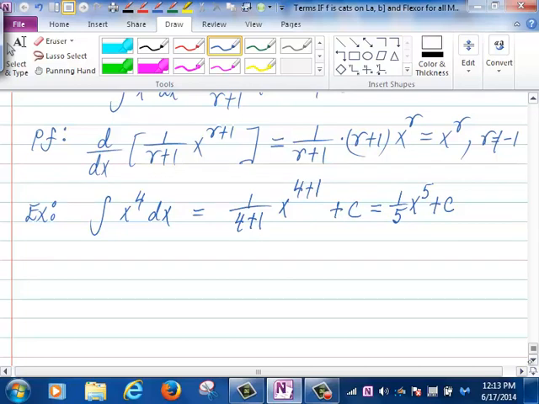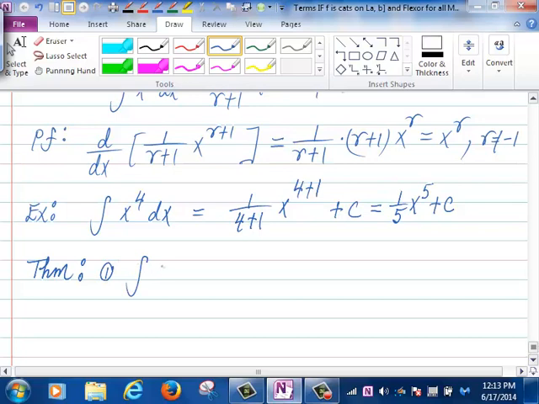Now remember, if I have a sum of functions, I can take the derivative term by term, right? Also, if I have to find the derivative of a constant multiple of a function, I can take out the constant, right? Those properties also hold for indefinite integrals. So here are some algebraic properties of the indefinite integrals. Without even trying to write down any conditions, I'm just going to write down the formulas.